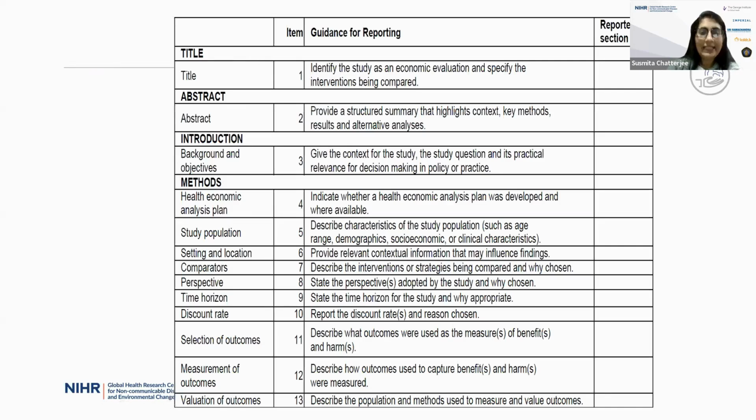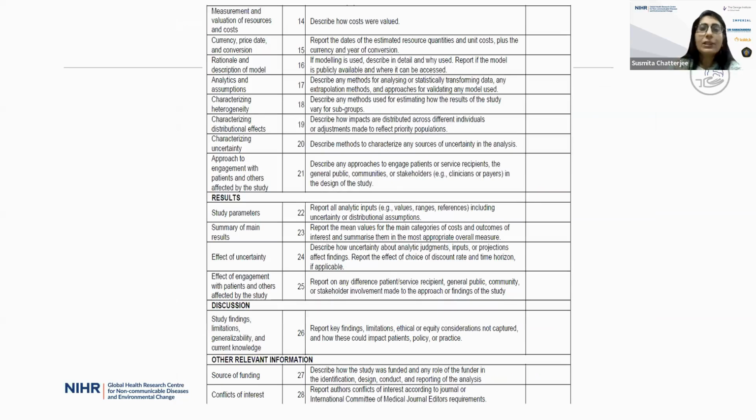Here, what is not there is the author's affiliation. You really don't need to say that. The study is judged based on how you did the study, not by the author or the author's affiliation, right? So that's not a requirement.